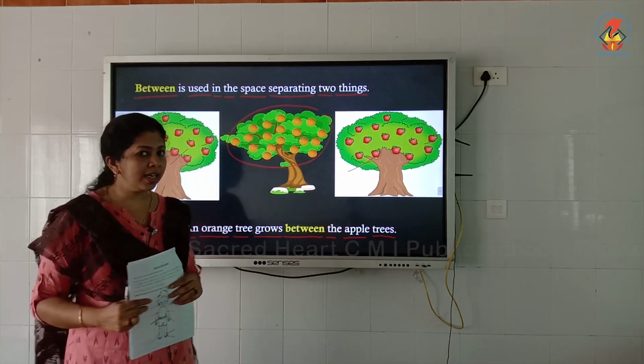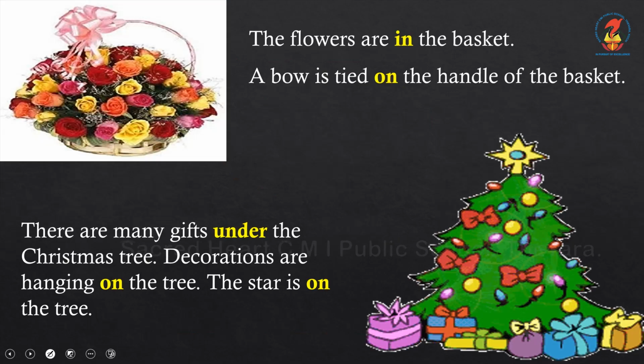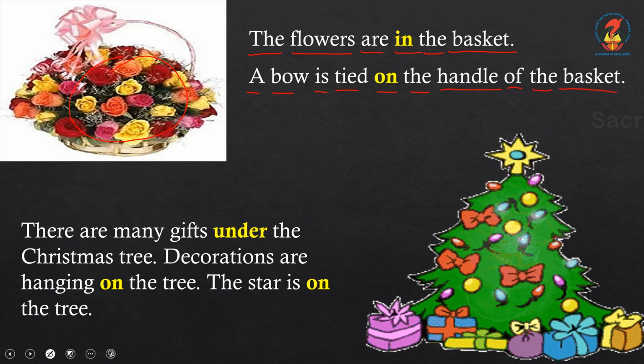Okay, it's clear? Yes. I'll go through a few examples. Okay, just read. The flowers are in the basket. You can see the flowers are in the basket, a particular point. A bow is tied on the handle of the basket.